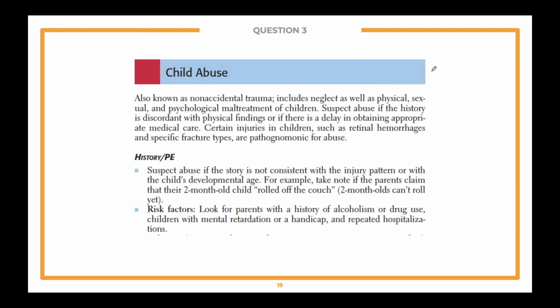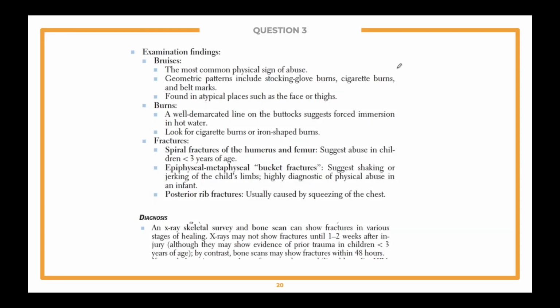Okay, so if we move to the next slide, it talks about what are some of those examination findings. The most common physical sign of abuse are bruises, and they're usually geometric, so from your hands, from a burn, from an object, and usually found in atypical places like the face or the thighs. It's not very common as a 2-year-old to get bruises on your thighs, okay?